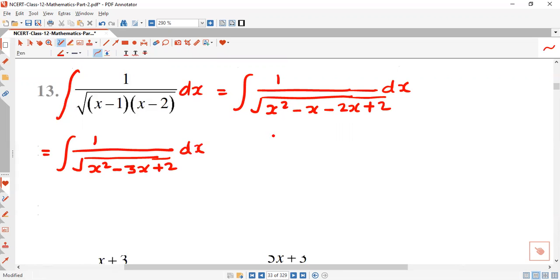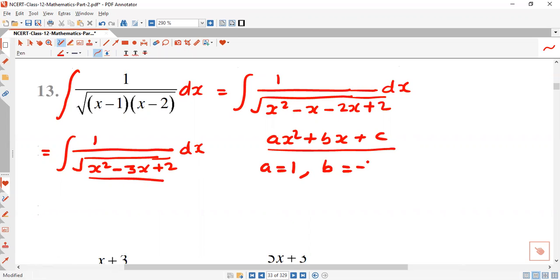So we compare with ax square plus bx plus c. a comes out 1, b comes out minus 3, and c comes out 2. Put, as we always say, x plus b upon 2a equal to t.